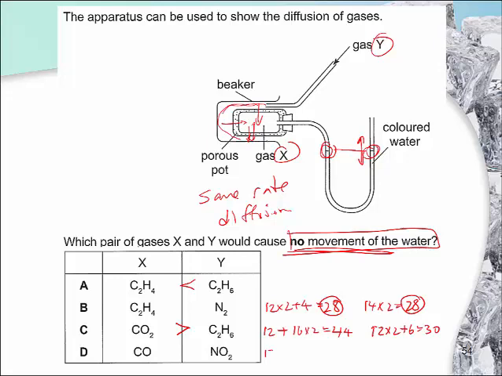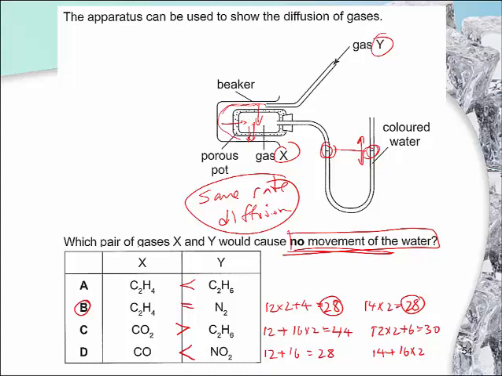The last one, 12 plus 16 equal to 28, compared to 14 plus 16 times 2, and this is obviously much larger than 28. So you only have equal relative molecular mass for option B, where C2H4 is equal to N2. Since they have the same relative molecular mass, they have the same rate of diffusion, hence the water level in the U tube will not move.